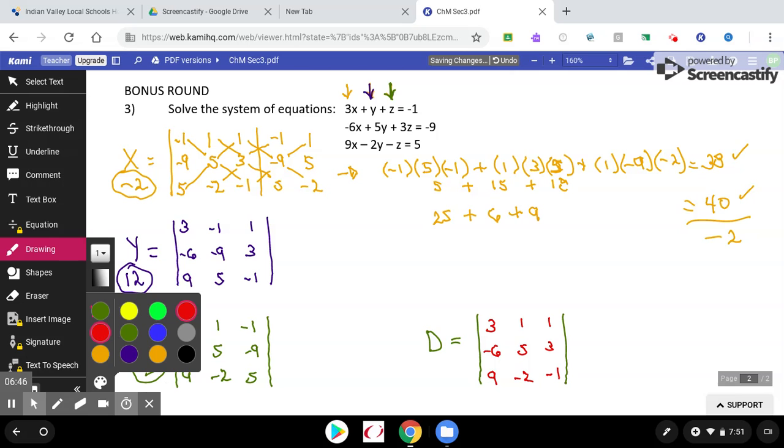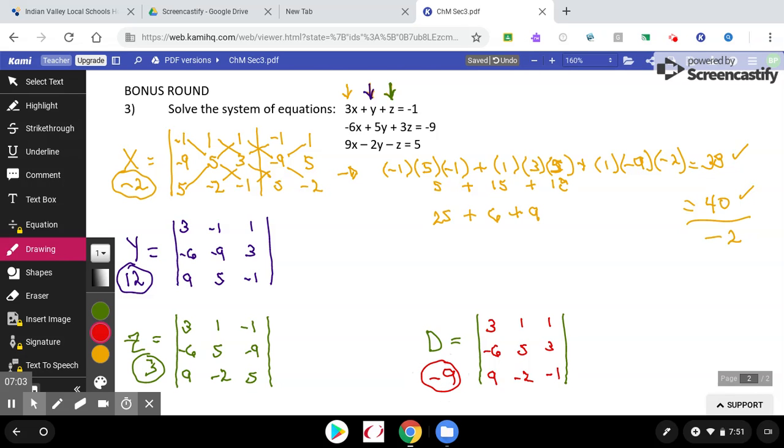And if we did the same process with that last one, that D determinant, it ends up being negative 9. So a lot of work, but if you had a graphing calculator, it's just a matter of typing in a bunch of numbers and hitting a couple buttons, and you would have all those numbers.